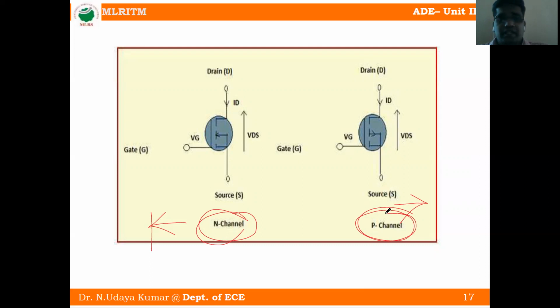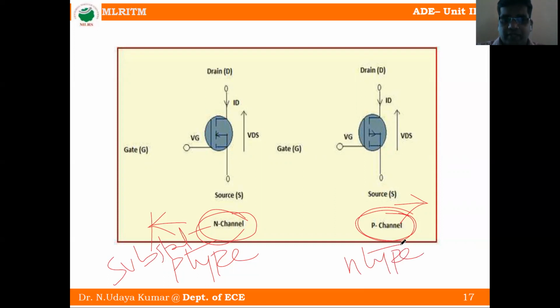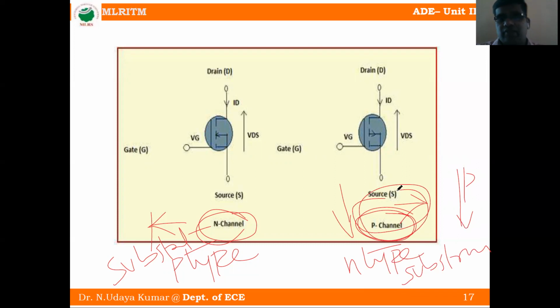In the N channel, the substrate is P-type. Here, N-type is the substrate, meaning P-type materials are induced into the N-type substrate, and then a P channel will be established.